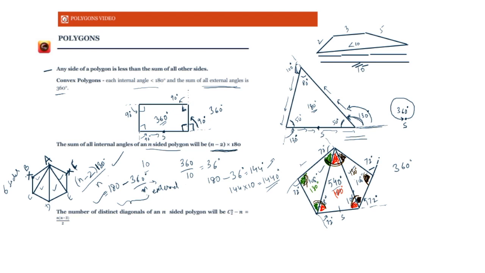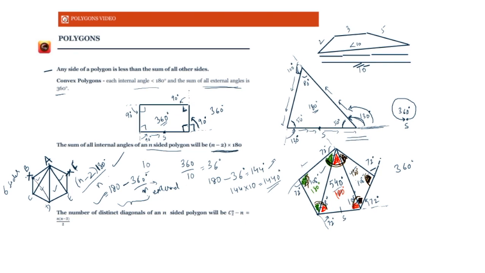B cannot make a diagonal with A and C, but it can make a diagonal with D, E, and F. What about C? It cannot make a diagonal with B and D, but it can with A, though it's already made it with A. It can make it with E and F as well. D can make another diagonal with F as well. And that's it. So now we've got all the diagonals.